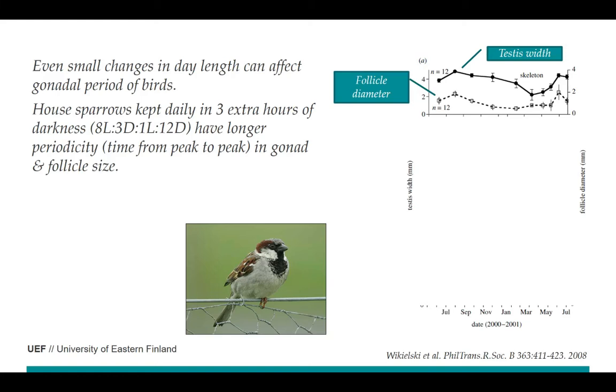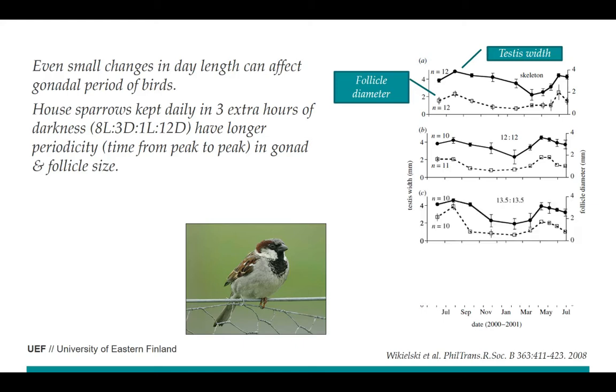Over here you can see in the picture that, for testis weight and follicular diameter, there are some seasonal changes. The testes are smaller in March, but if you have a little bit longer time in darkness, it will be smaller in January. If you keep them a little bit more in darkness, it has dramatic effects on the testicular size.